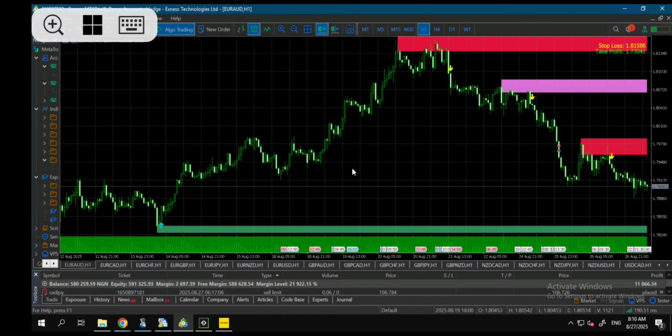So as you can see here, price was... don't mind my drawing. I didn't mean it was on TradingView.